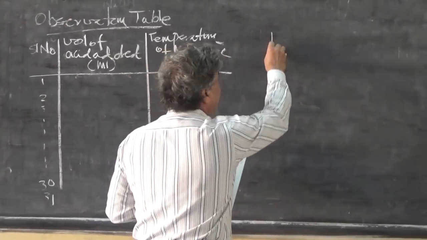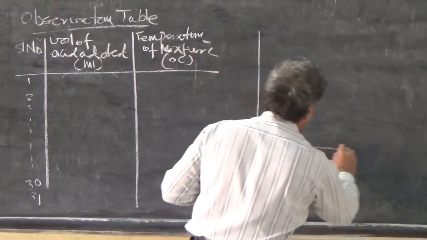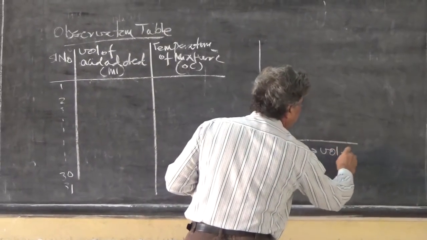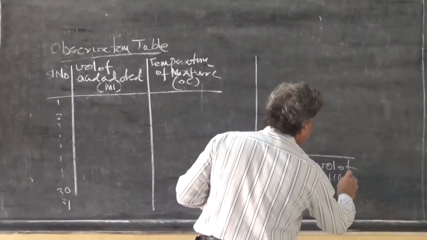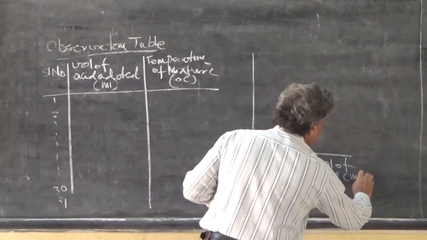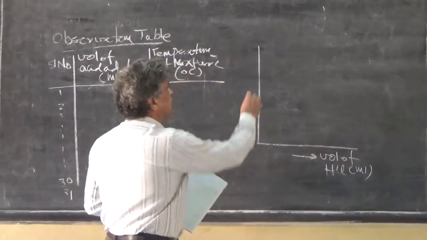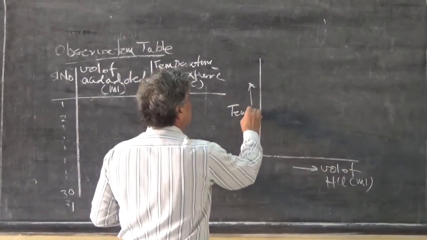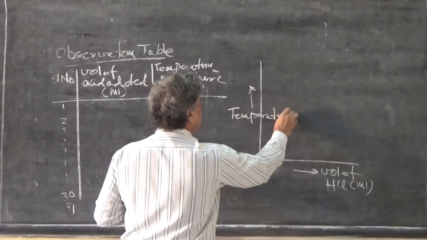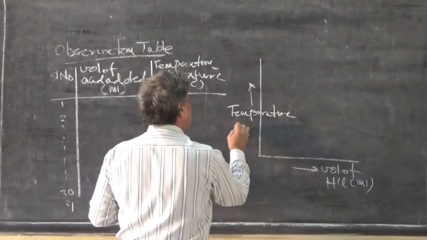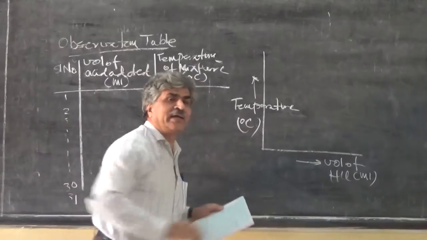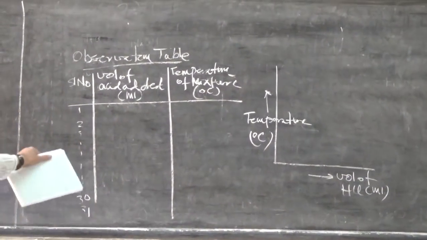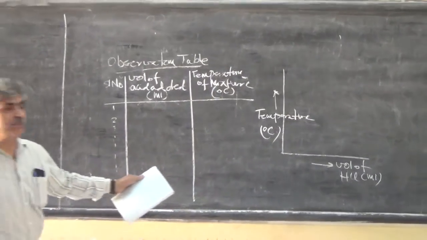When we get this data, we draw the graph, taking volume of HCl added on x-axis and temperature rise on y-axis. So, when we get this data in tabular form, we plot it.